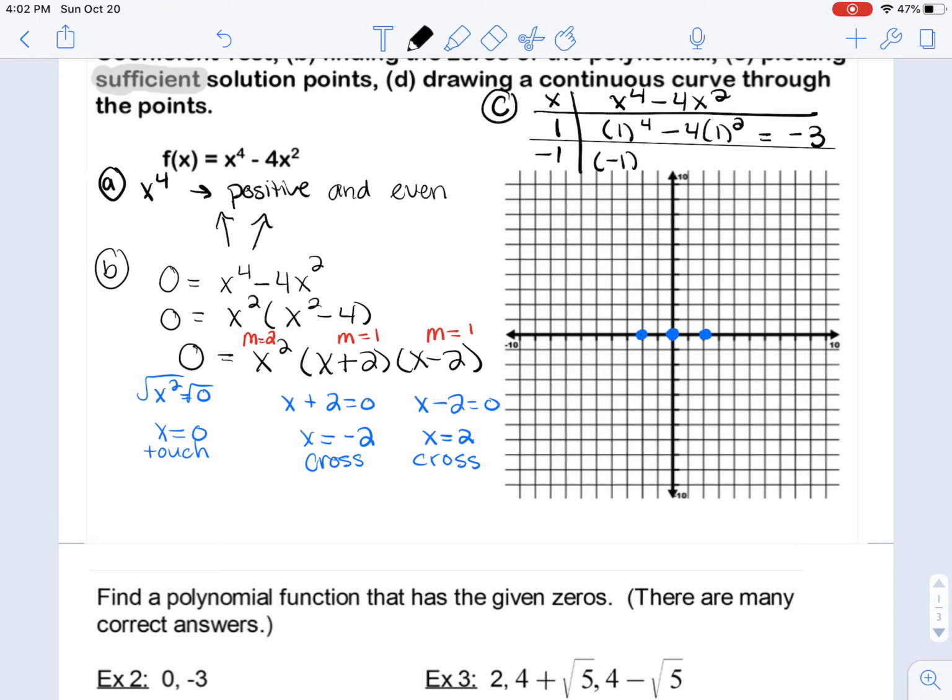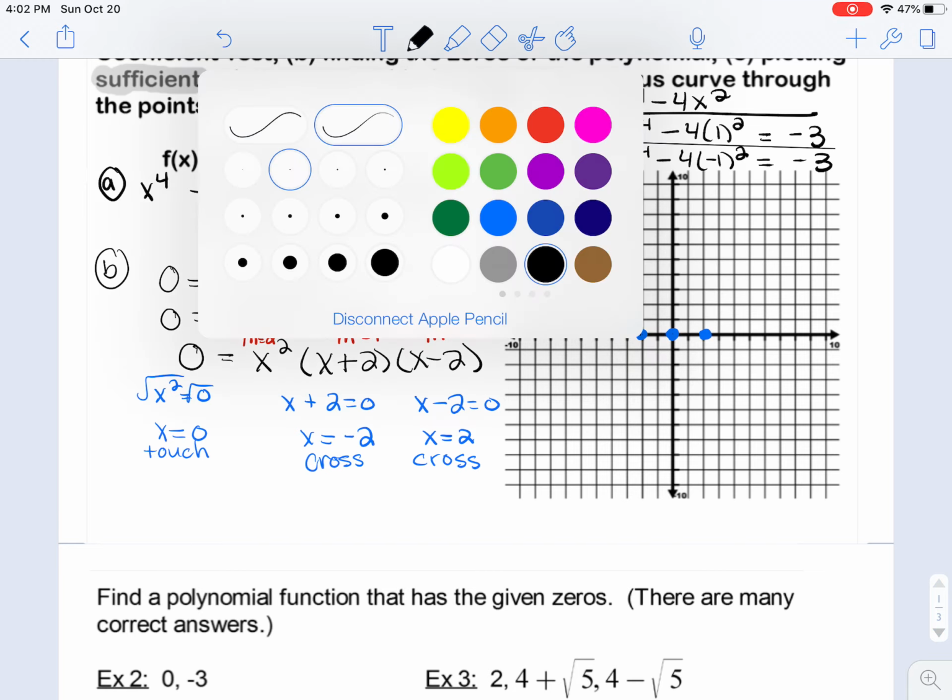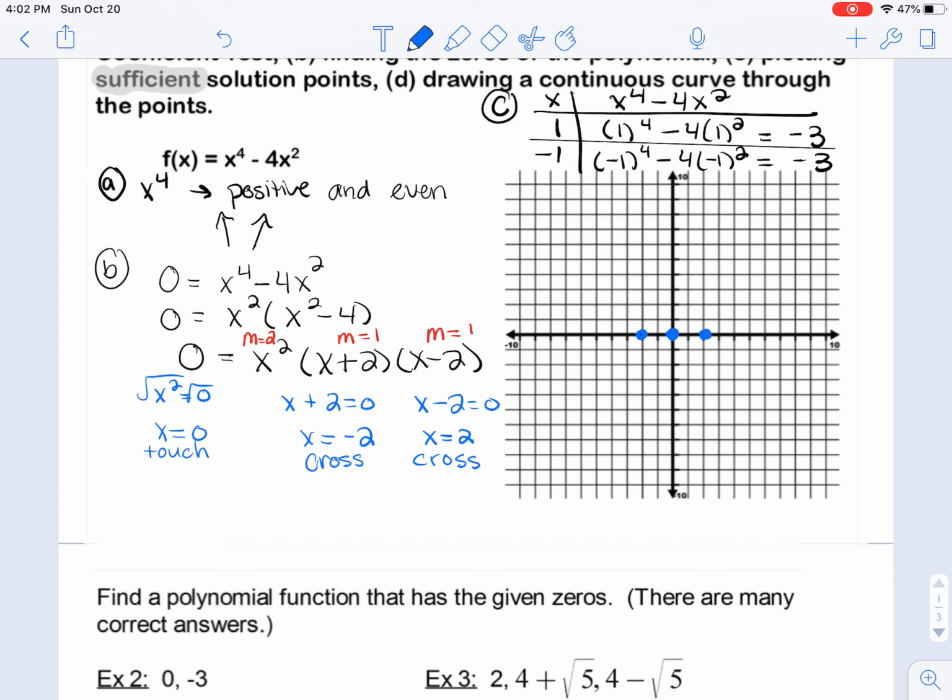So negative 1 to the 4th minus 4 times negative 1 squared. So that would be 1 minus 4 again, so that would also equal negative 3. Alright, so let's plot this: to the right one, down 3, to the left one, down 3 as well.